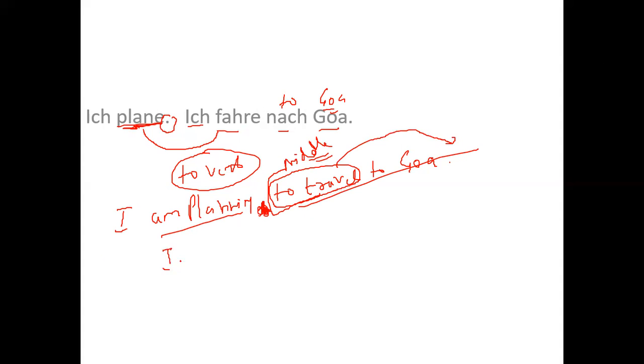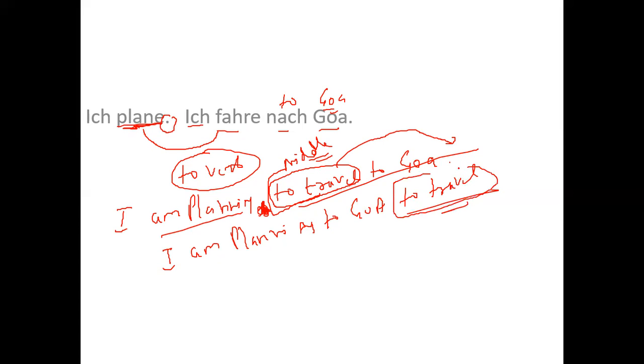So I will write I am planning to Goa to travel. So this way I should write in German, because rule says that zu plus infinitive will always come at the end of the sentence, right?